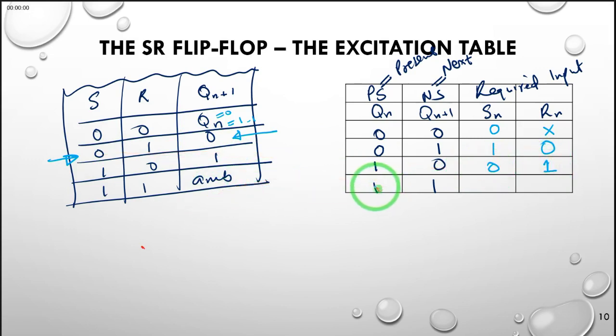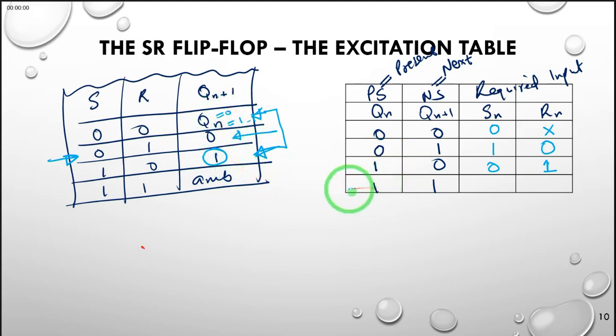And assume we want to move from 1 to 1. There are two possibilities. It was at 1 and it remained at 1, or it was at 0 and moved to 1. So we are going to use these two possibilities because here we are transitioning from wherever we are to a 1, and here we are remaining at 1 if we are at 1.